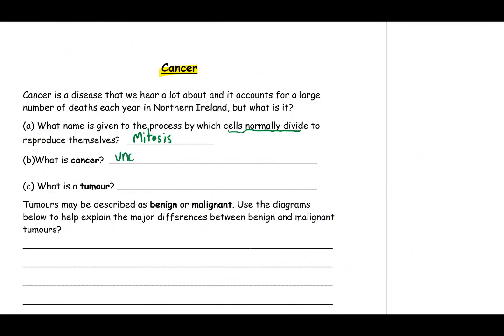Cancer is uncontrolled cell division and the spread of abnormal cells.